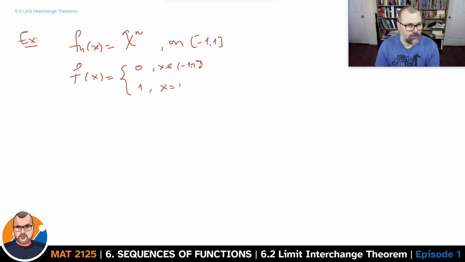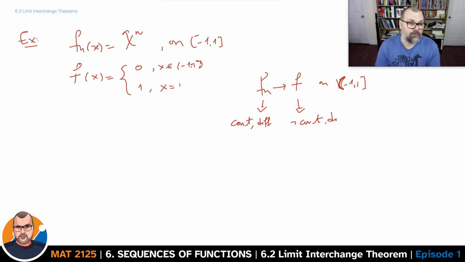One of the things we noticed is that f_n converges to f on the interval (-1, 1). f_n is continuous, f is not continuous. f_n is differentiable for all n, f is not differentiable on account that it's not even continuous, so it can't be differentiable.